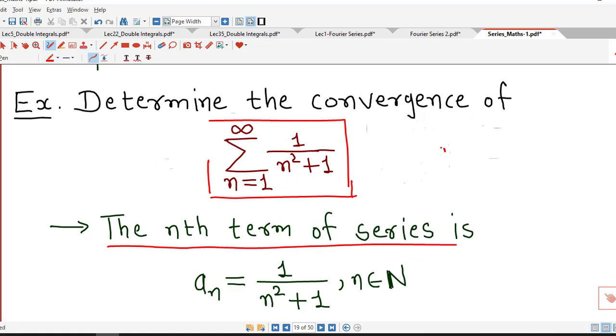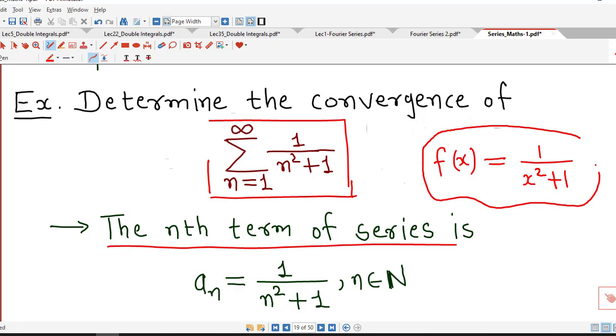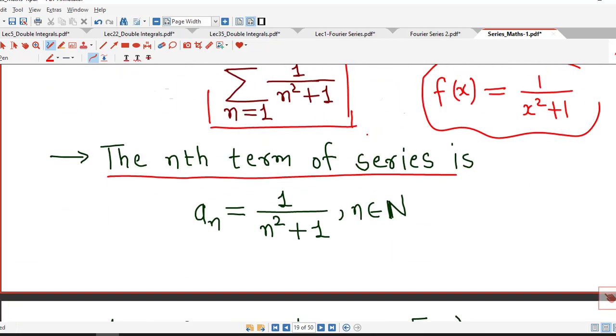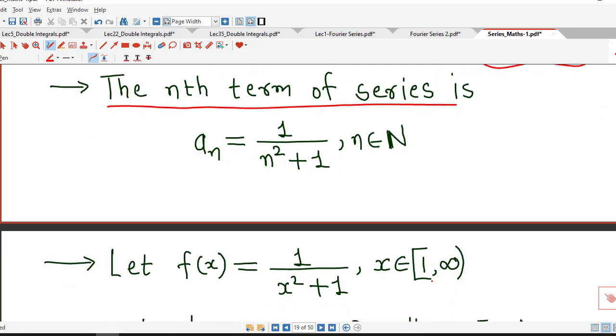Now we construct the function f(x) by replacing n by x in the nth term. So we consider f(x) equal to 1 over x squared plus 1, and in the series n is from 1 to infinity, so we consider the function on the interval [1, infinity).